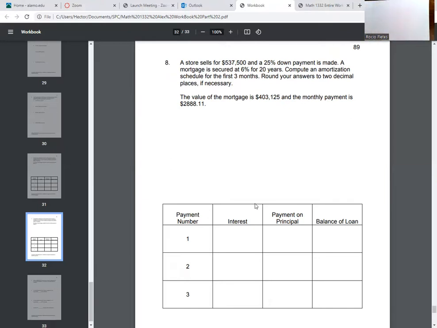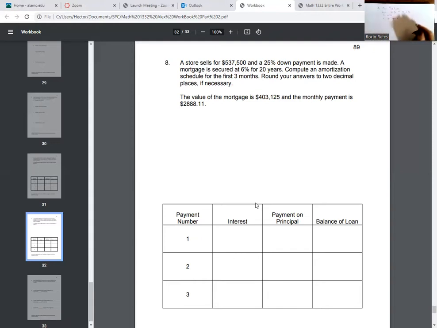Let me write down the information here. The purchase price is 537,500. The down payment is 25%. The interest rate is 6%, and it is 20 years. And so we need an amortization schedule.